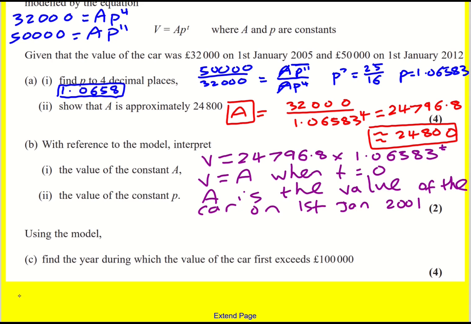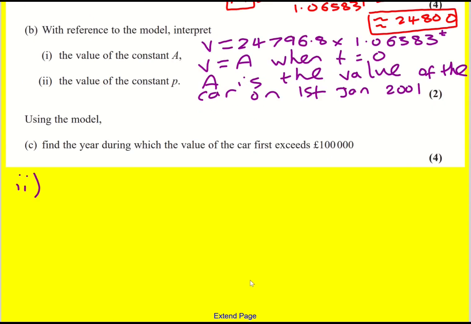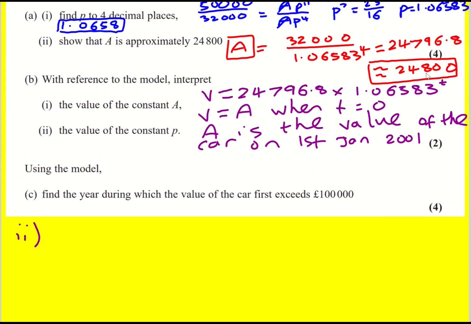And then p, that's a little bit trickier. So it's the multiplier, that 1.0658, and actually there's a 6.583% increase every year. But probably the best thing to say is that p is the factor.